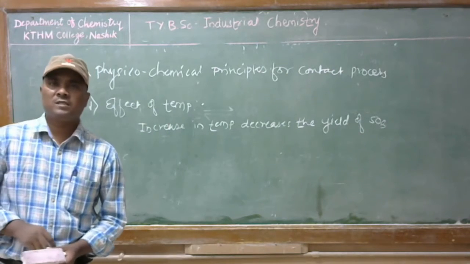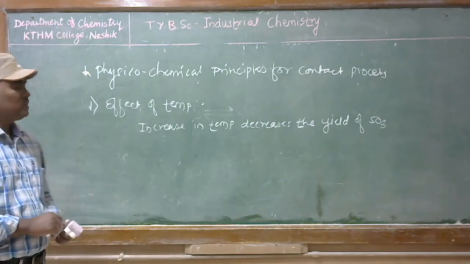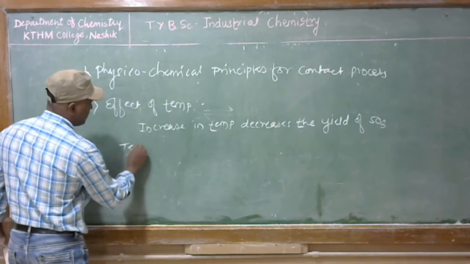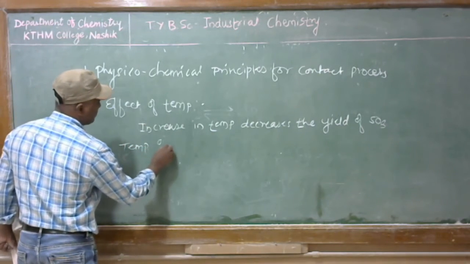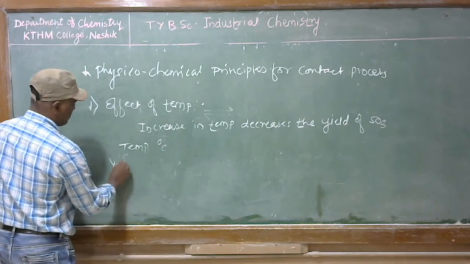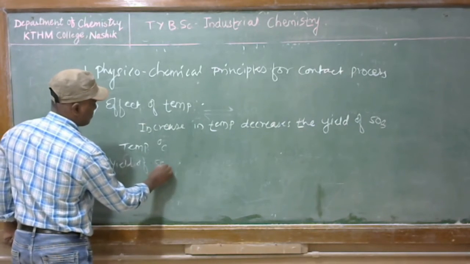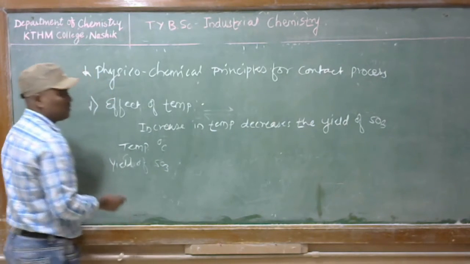As temperature increases, the yield of SO3 decreases. You see the table of temperature and yield of SO3.